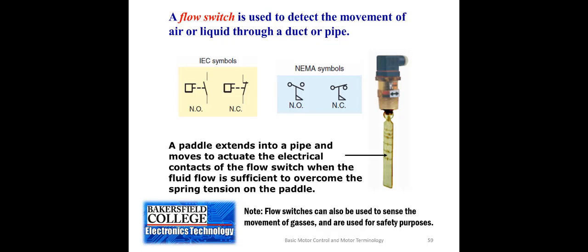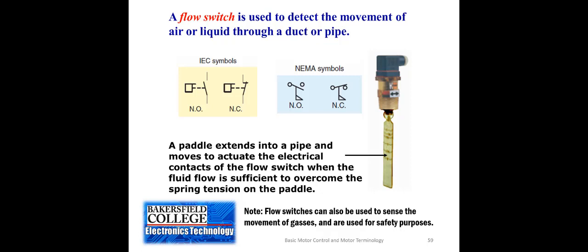Now we can set these flow switches to where they will close or open the contact at a particular amount of flow rate. Or sometimes they just are set for a certain flow rate and you don't adjust them. They're used to check when you have a situation where it needs to be flow, but you don't want to operate that piece of equipment if there is no flow.